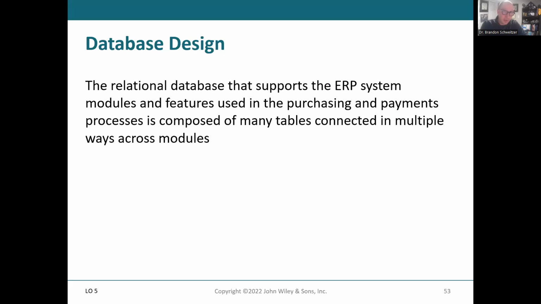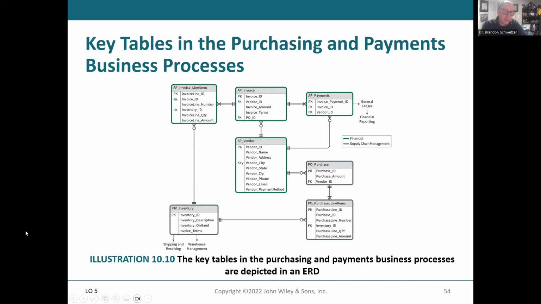Designing your database in your ERP, that's super important. You need to make sure that all of your accounts have their unique identifying numbers, which is usually established through your chart of accounts. And your chart of accounts will also help you when it comes to managing your vendor list.